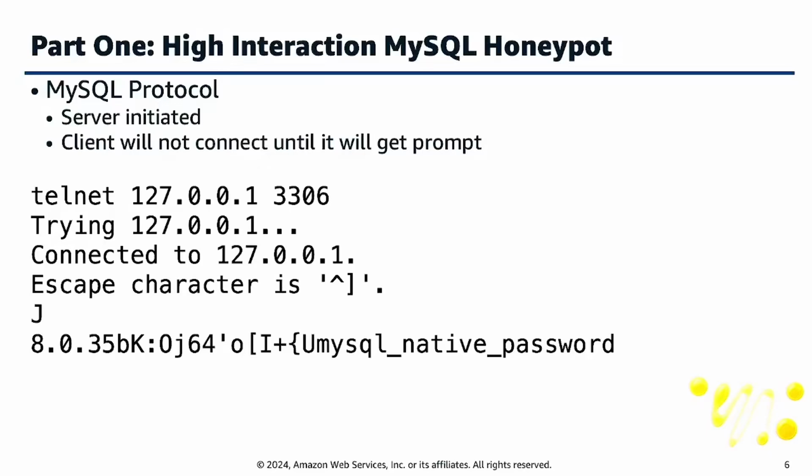Here is an example of the prompt that the MySQL server gives you. It will give you a server version, the salt, and the plugin name. We will actually be using all of that.